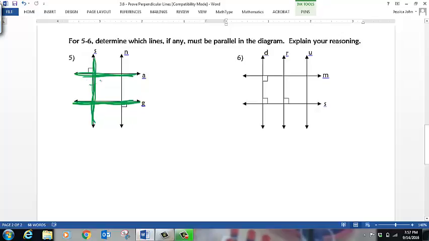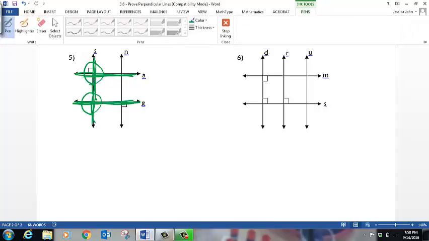So if you look at the intersection of S and A and then of S and G, you do not have any angle relationships happening here because you have actually no angles marked as being 90 degrees here, so you cannot relate anything back to this one. So that means that S is not going to be our transversal that would create any parallel lines.